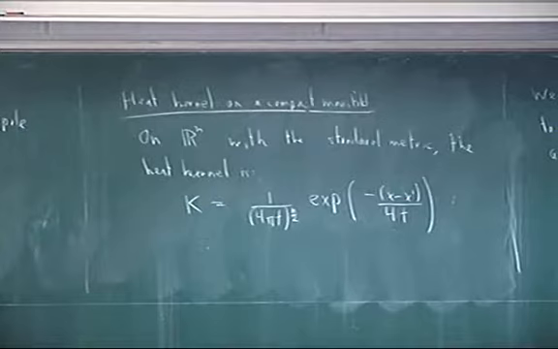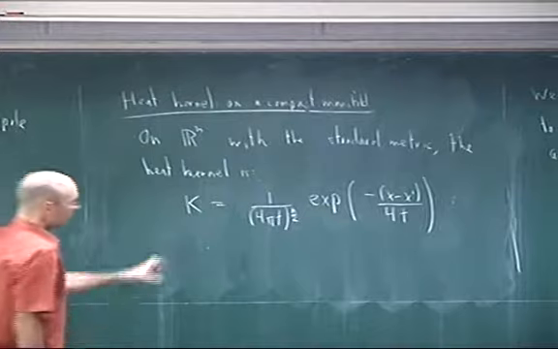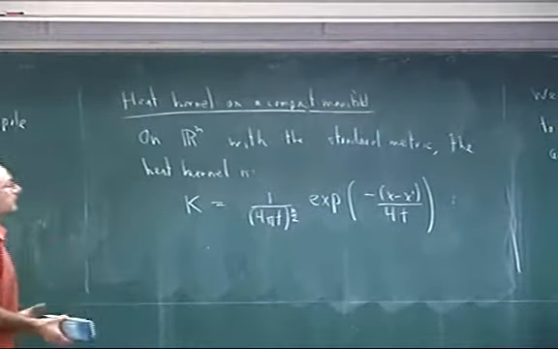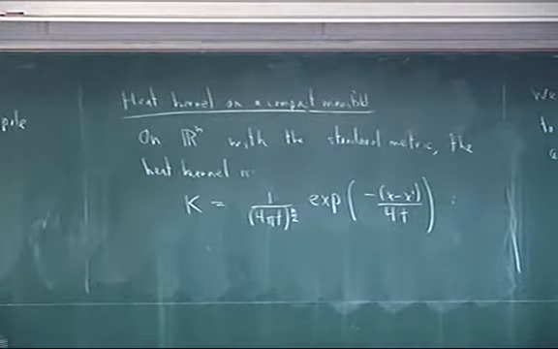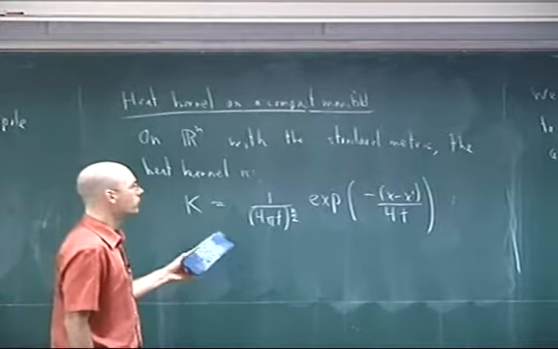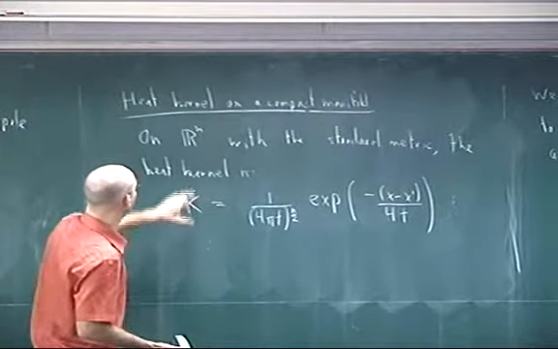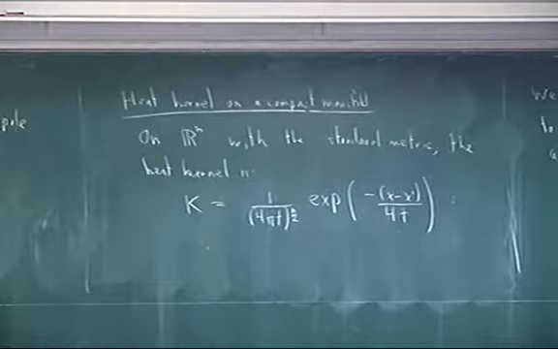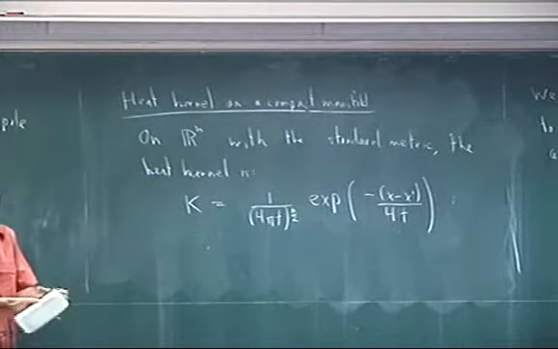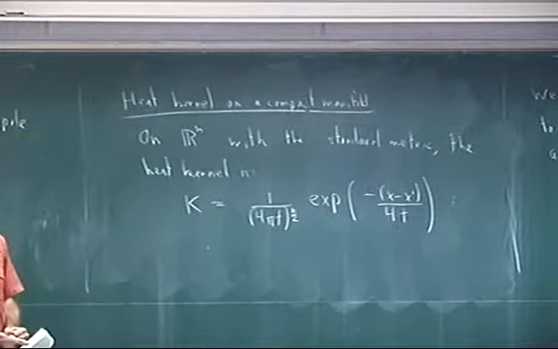Well, using Fourier transform, there's a nice way to find this heat kernel. And it's quite important. It's basically the starting point if one wants to construct the heat kernel on a general compact manifold. Well, R^n is not compact, but it's the local model for any manifold.